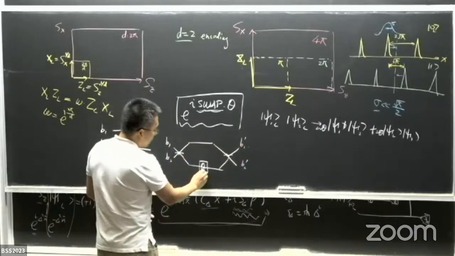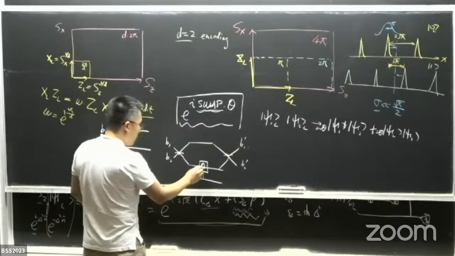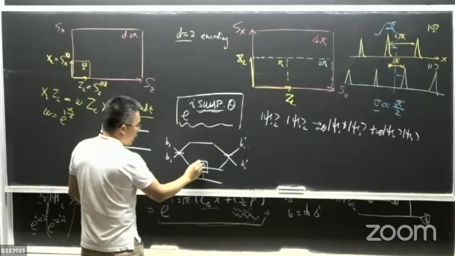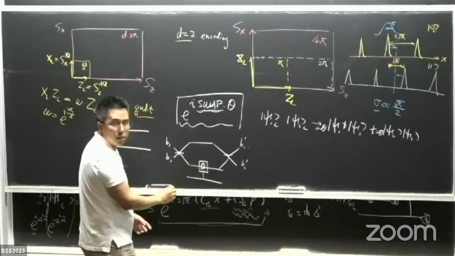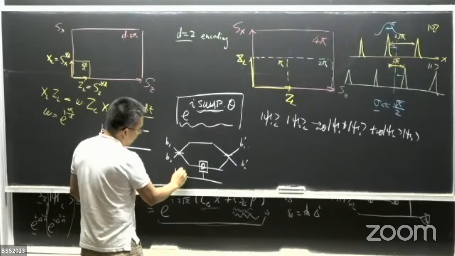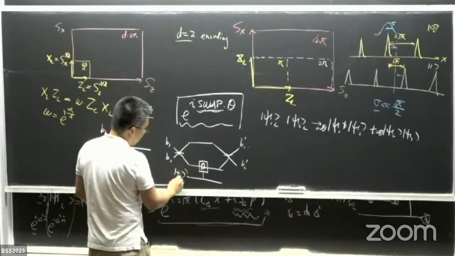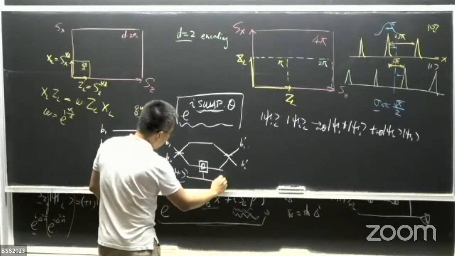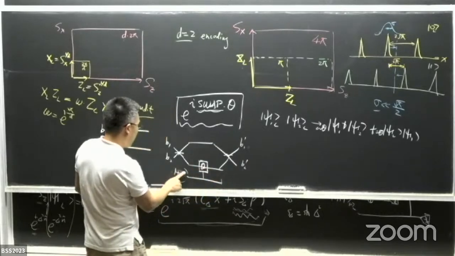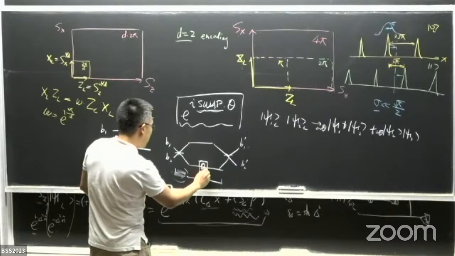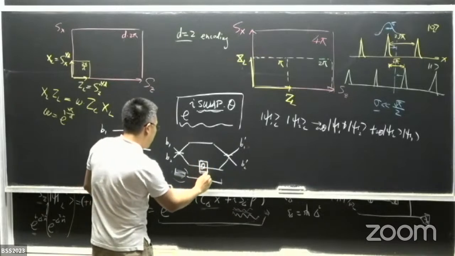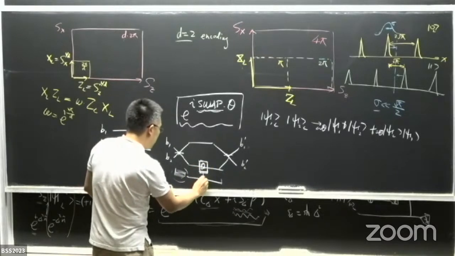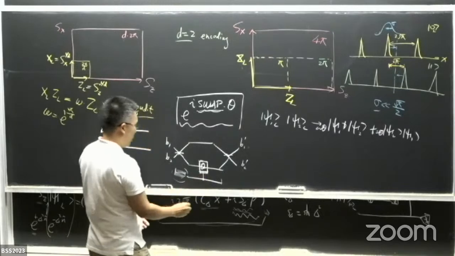And the way to do exponential swap is to introduce this controlled rotation angle, and I can put in some quantum states here so that I will do this controlled rotation. Basically here I need to do the phase rotation that's controlled by this qubit.